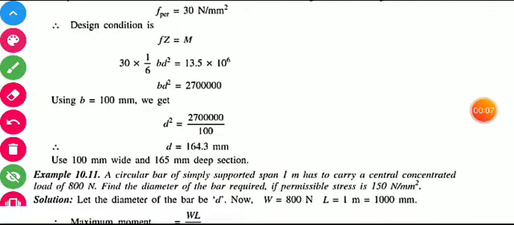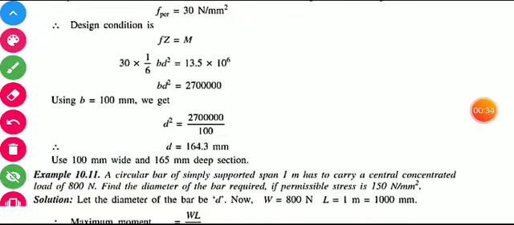In the previous video, we took another example of a rectangular beam with two different permissible stresses, one in tension and one in compression, and we saw which stress we consider in the design.